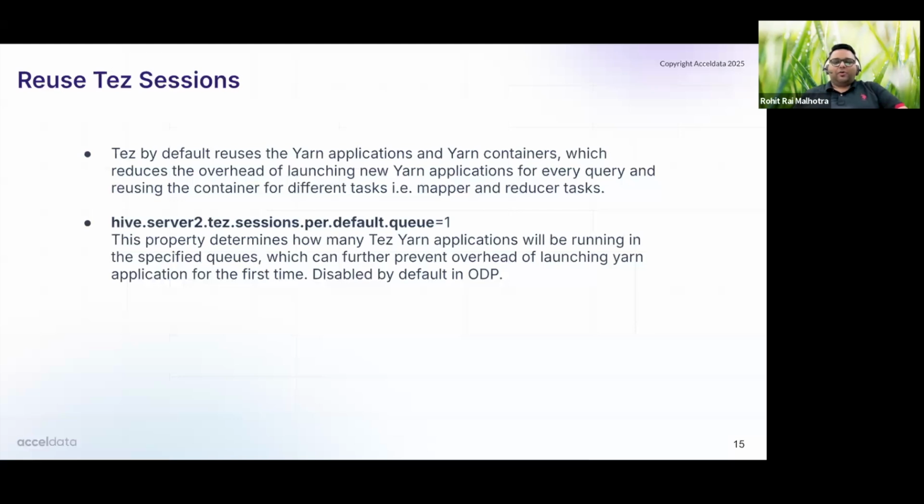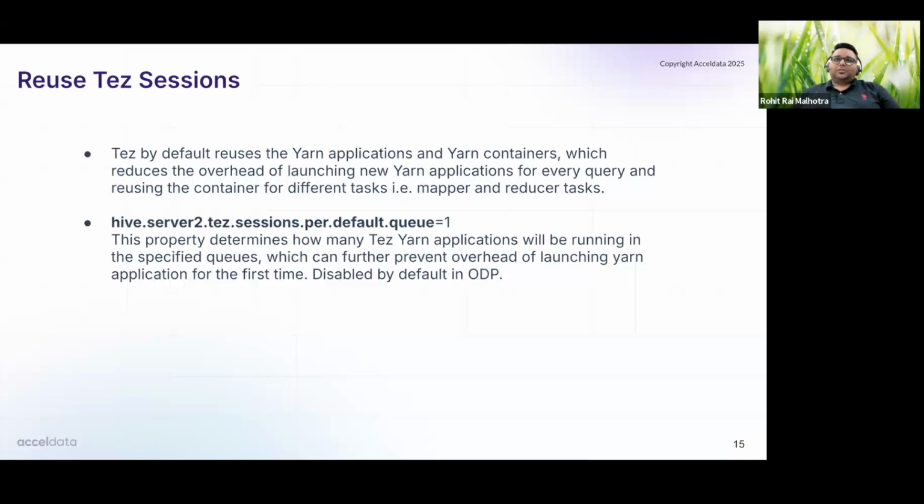And if you have three default queues listed using another property, and you have set the sessions per default queue value to 5, there will be 15 applications running at any point in time, even though there is nothing running on the Hive side. They will keep waiting for any query to be submitted. And if it is set to one, there will be three applications running if you have three default queues listed.